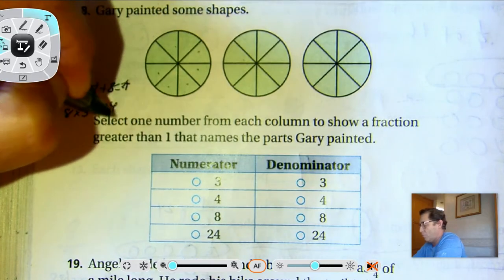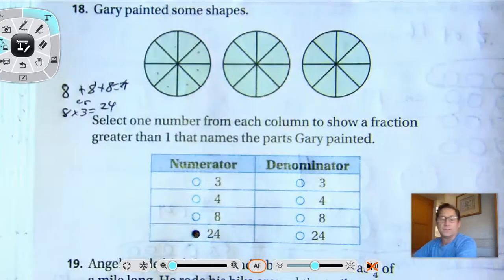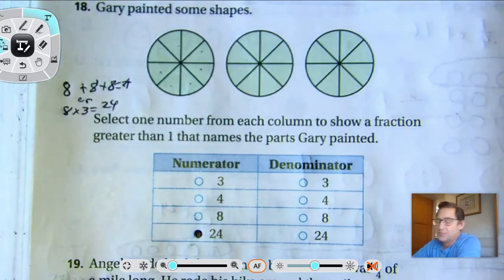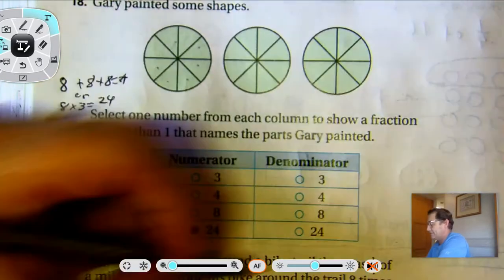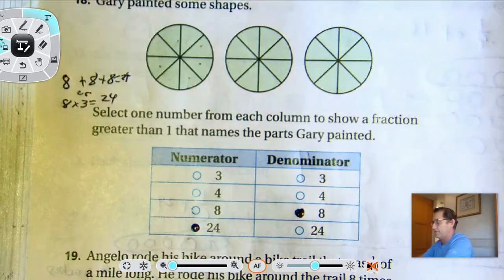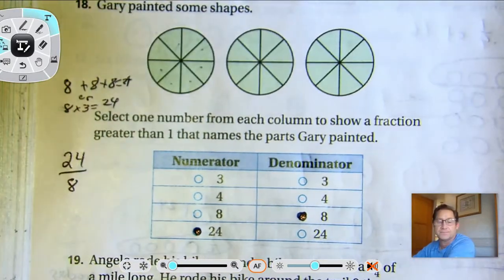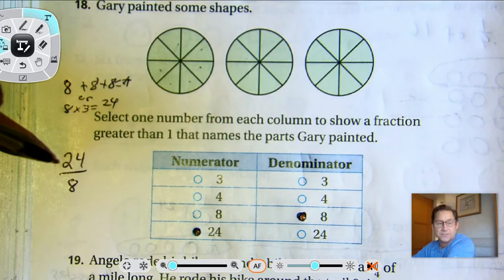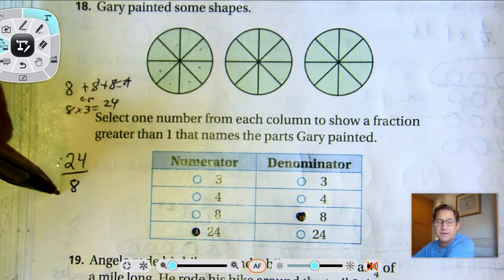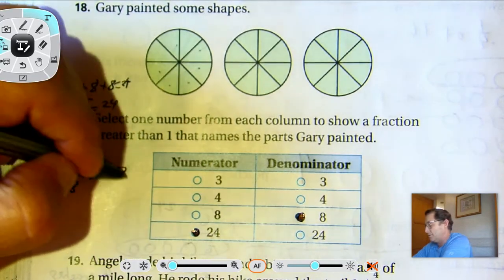That's 24. How many parts is each circle broken into? 8. So that's the denominator. So 24/8 would be our fraction. And that's greater than 1 because the numerator is bigger than the denominator. And that equals 3.